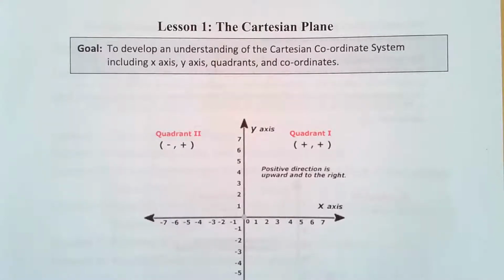So by the end of this lesson, you will be able to identify the coordinate system, label it, learn about the quadrants, and how to identify points and plot points on a coordinate plane.